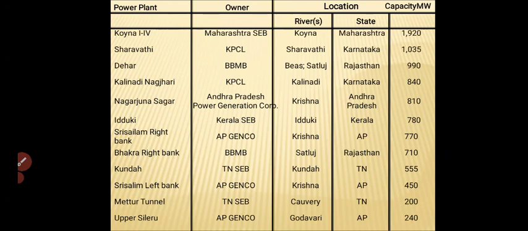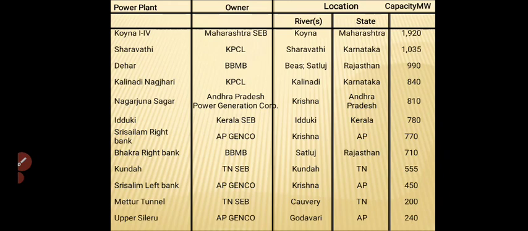The next one is Bhakra right bank, located in Rajasthan on the Sutlej river, with a capacity of 710 megawatts. The next one is Kundah, located in Tamil Nadu on the Kundah river, with a capacity of 555 megawatts.